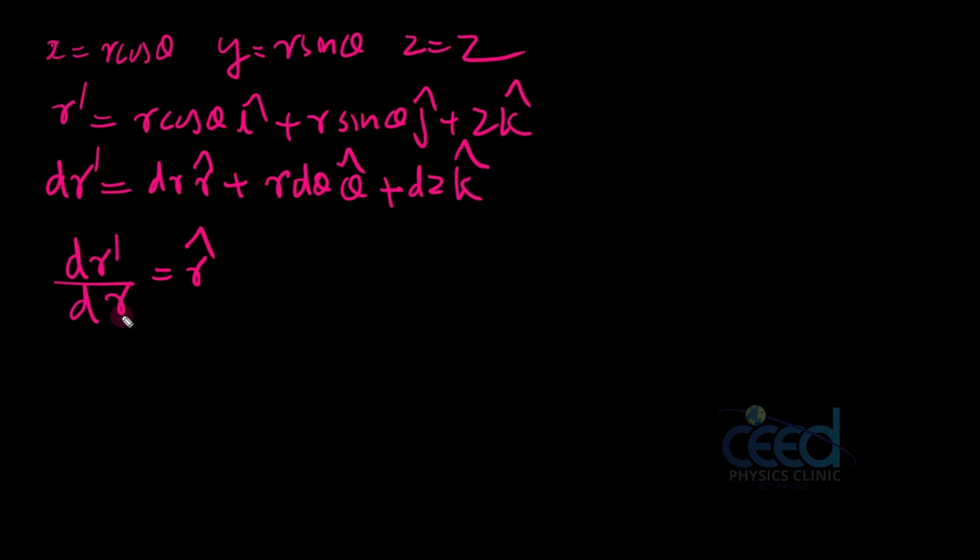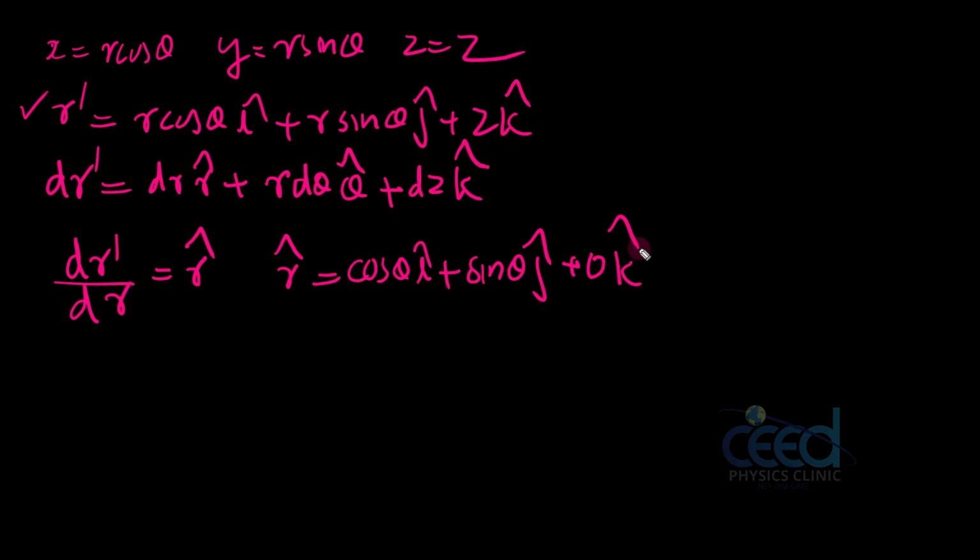So dr' by dr is r cap, which is cos theta i cap plus sin theta j cap plus, since there is no r component in the z term, 0. So this is the expression for r cap.